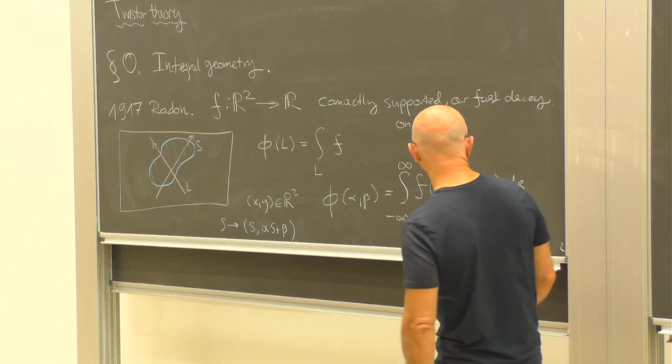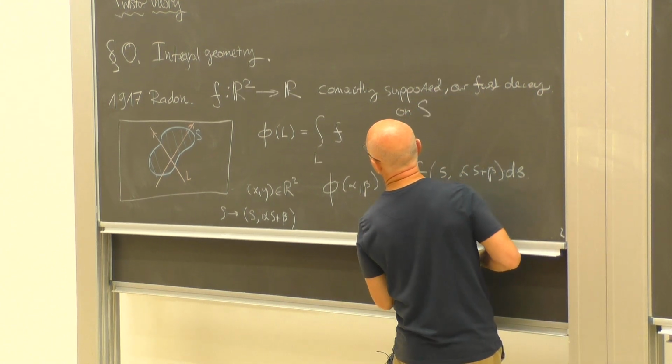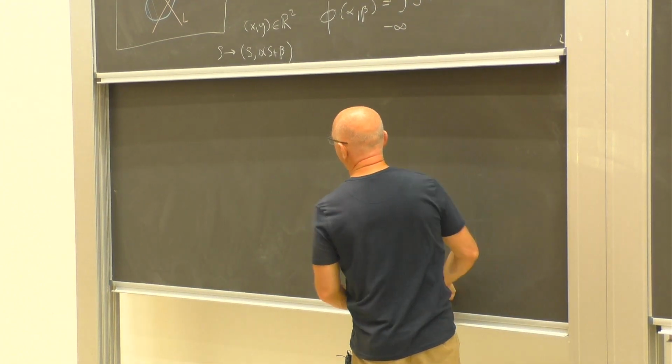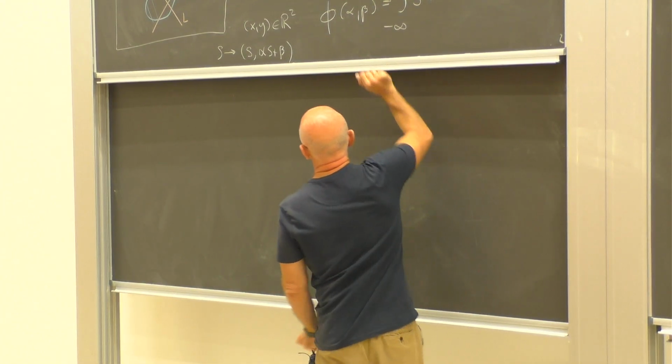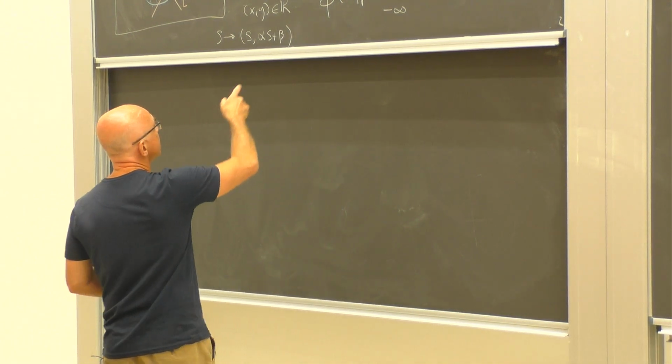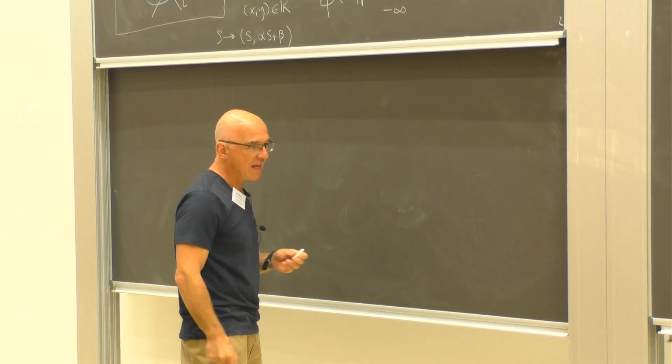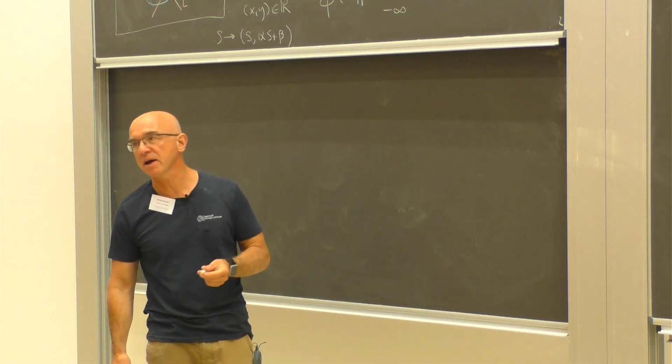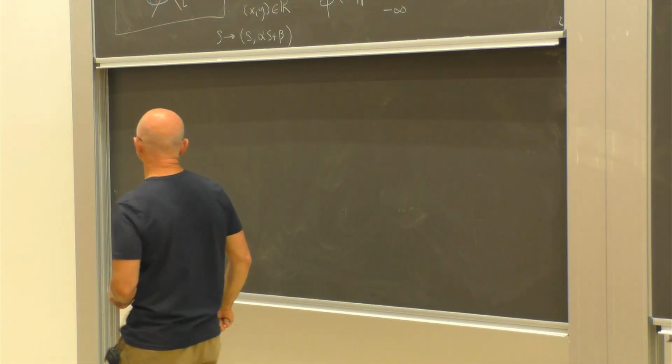Okay. Now, the result of Radon was that this transform can be inverted. So if I give you phi of L, and if I do so for all lines, then you can recover f.